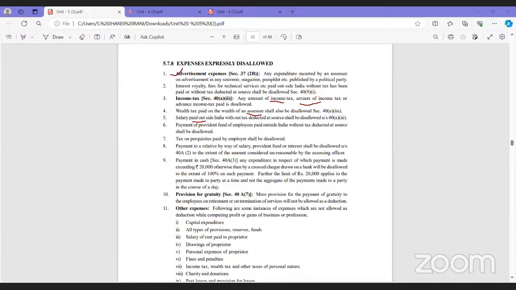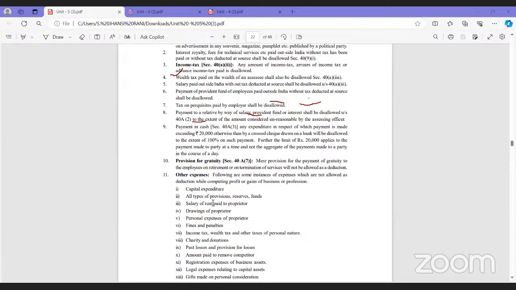And apart from this, we have some more expenses, like capital expenditure and types of provisions. Provision for bad debts, provision for doubtful debts, any provision or any reserve or funds, reserve for bad debts: these are all inadmissible expenses.